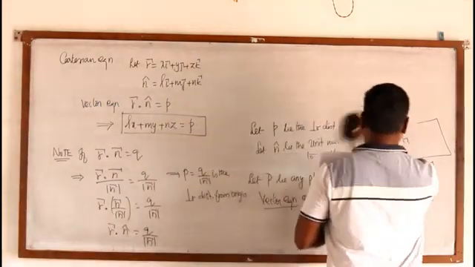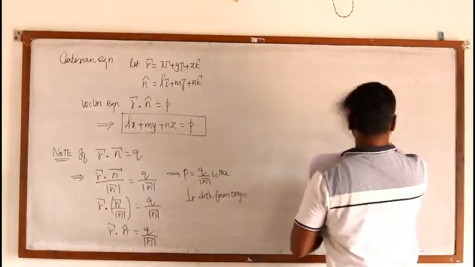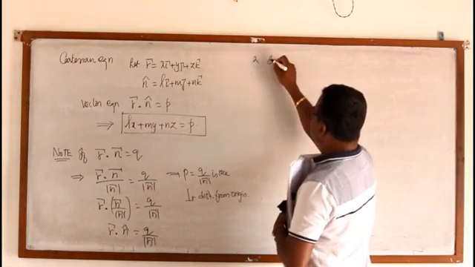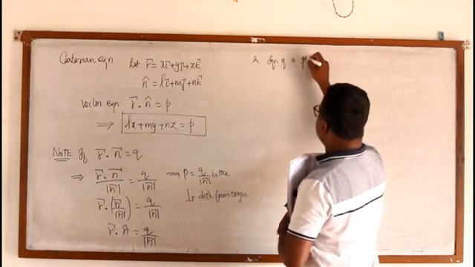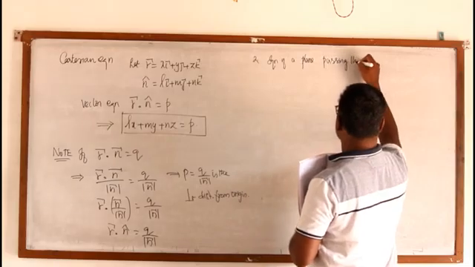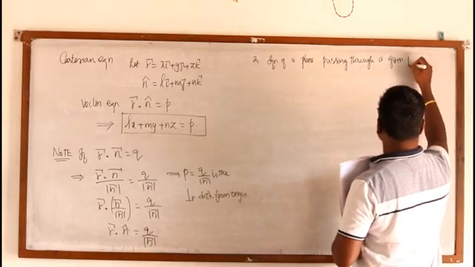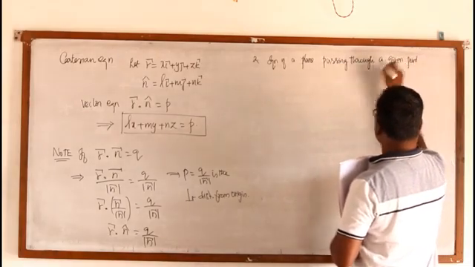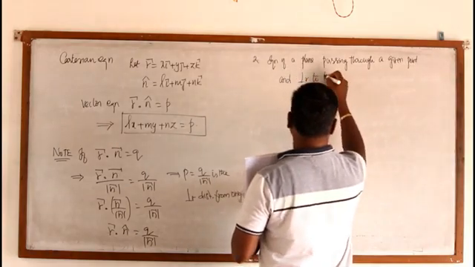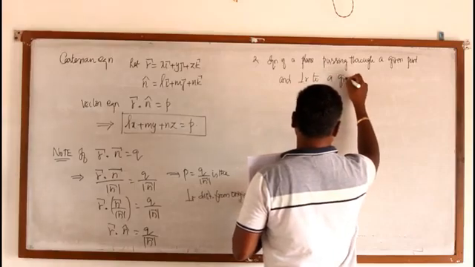Now the second one: I am going to take a point on the plane and a perpendicular vector. Equation of a plane passing through a given point and perpendicular to a given vector.